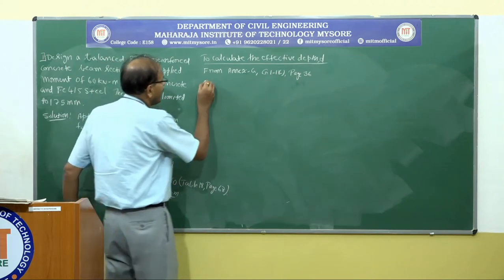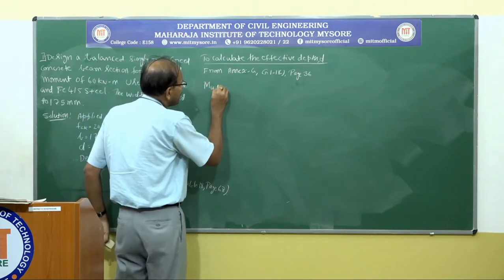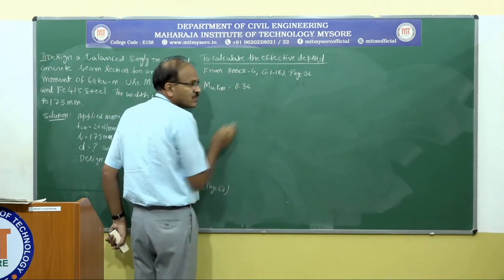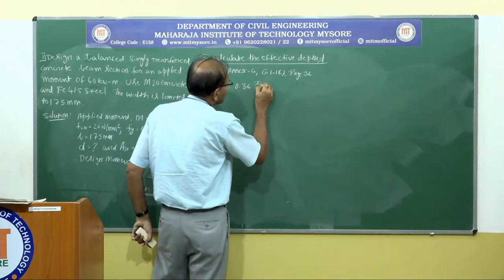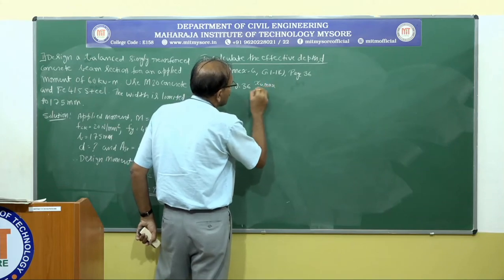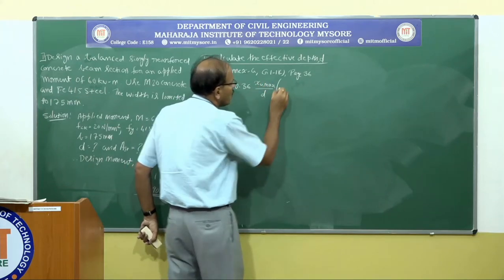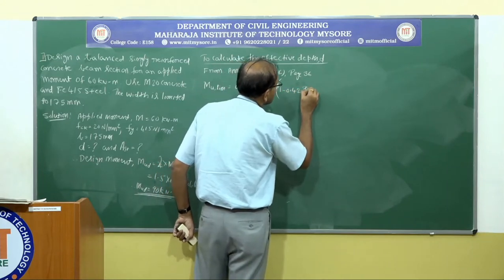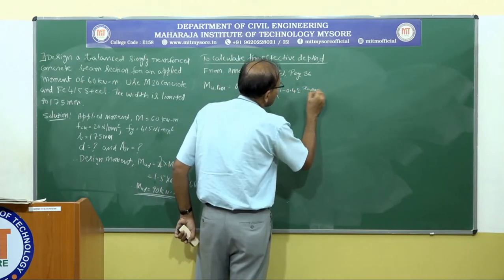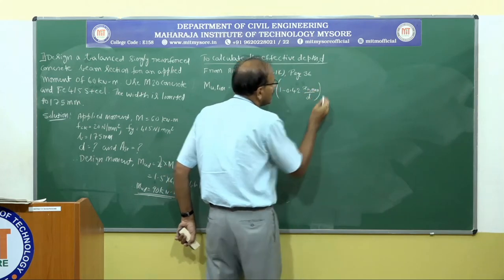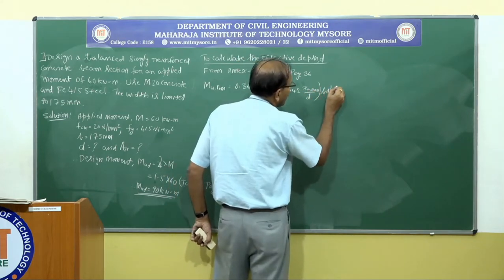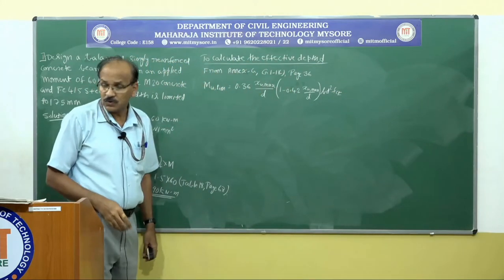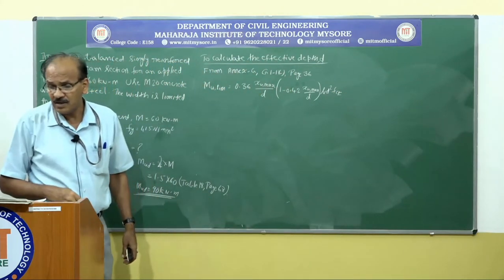So from there, I write Mu limit equal to 0.36 xu max by d, 1 minus 0.42 xu max by d, b d square fck. So the formula is given there.